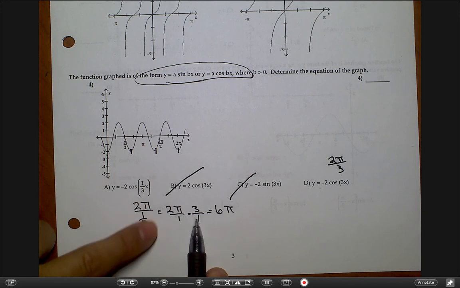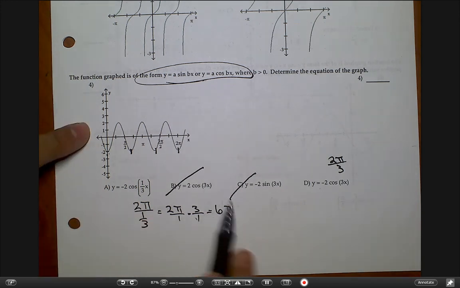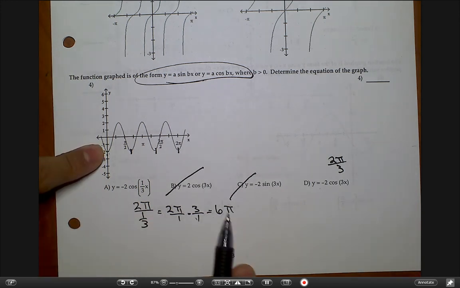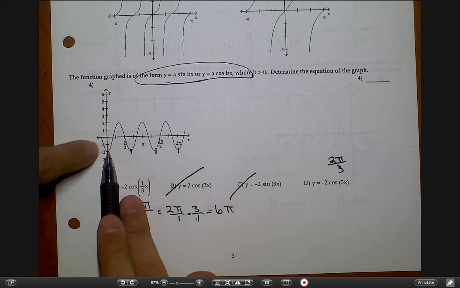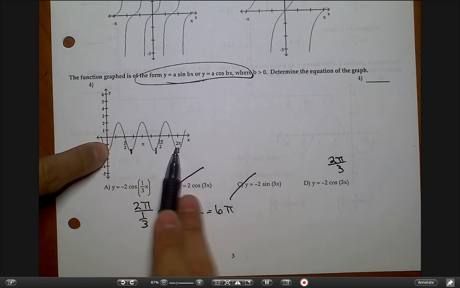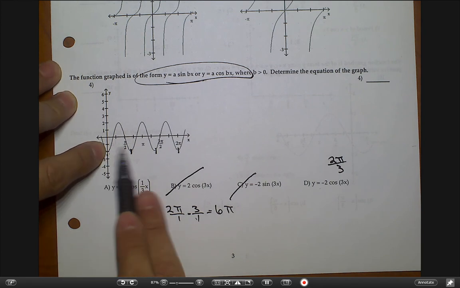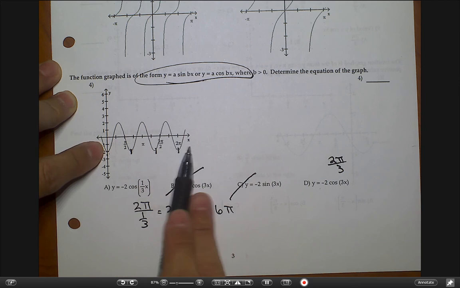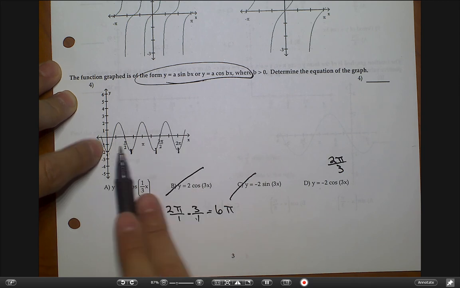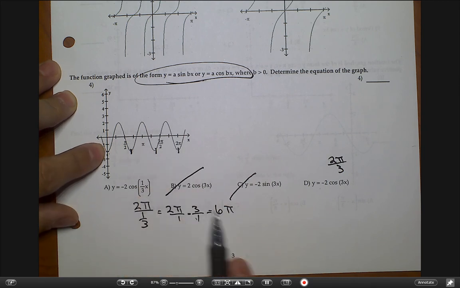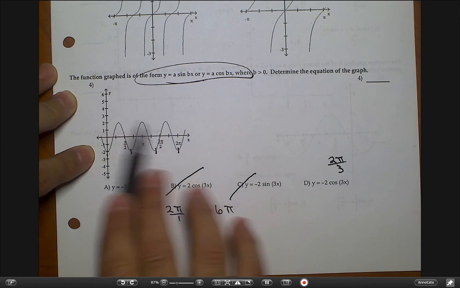So this means right here that you would do a whole wave in 6 pi. This only goes from here to 2 pi, right? This has 1, 2, 3, like 3 of these in this time. So I have 3 waves here. This one, I would have to do 6 pi to do 1 wave.